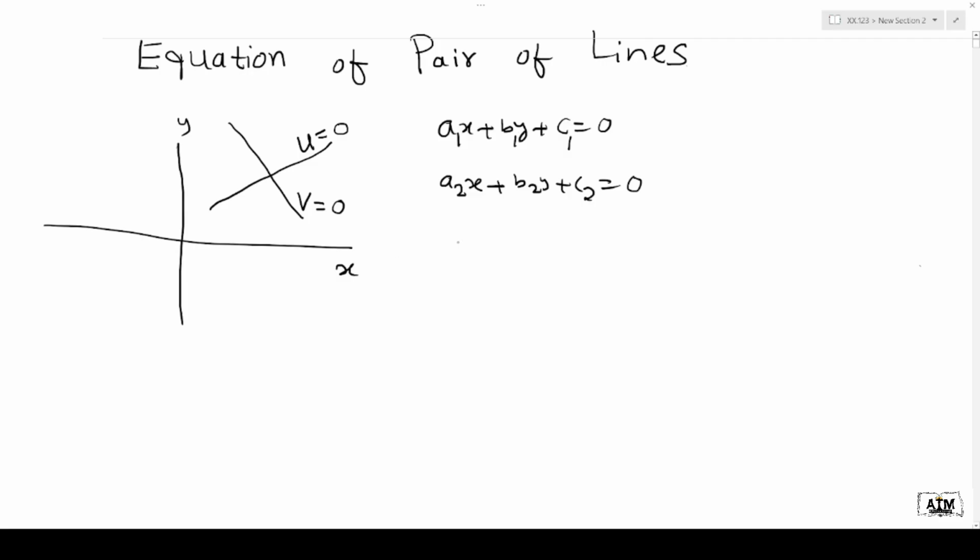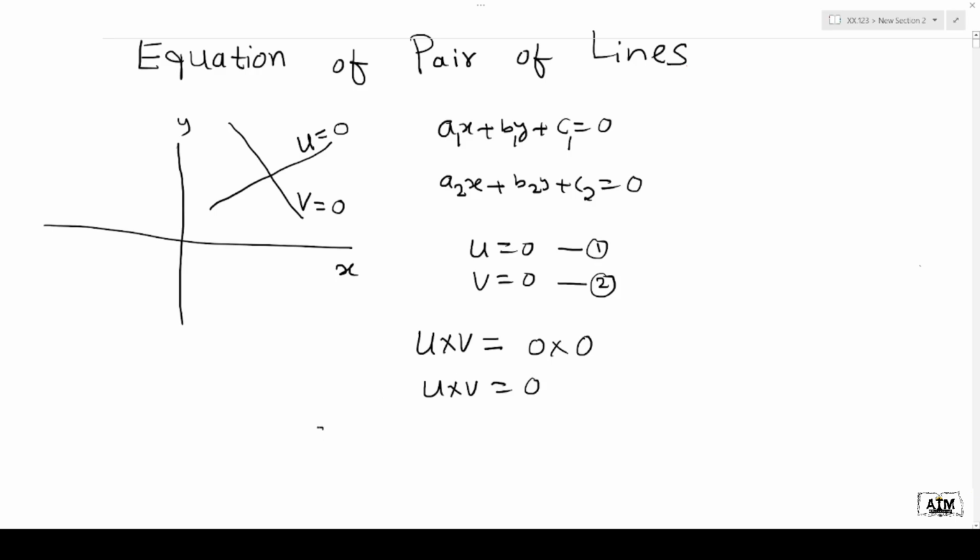But if you write both the equations together, for example u equals 0 and v equals 0, these are the two equations. Call it equation 1 and equation 2. Now you are writing both the equations together, that is u into v, multiplying LHS and multiplying RHS. So you will get u into v equals 0.